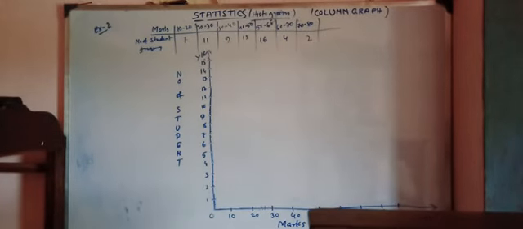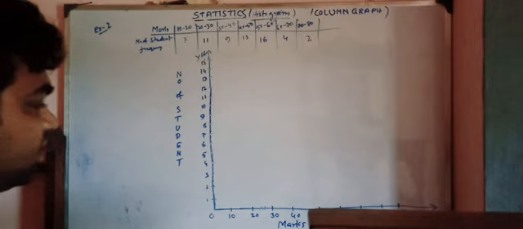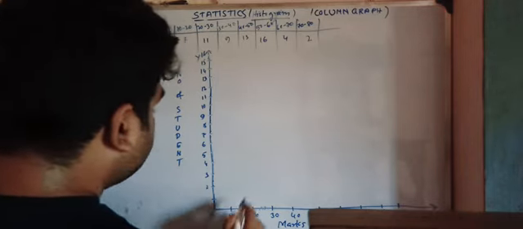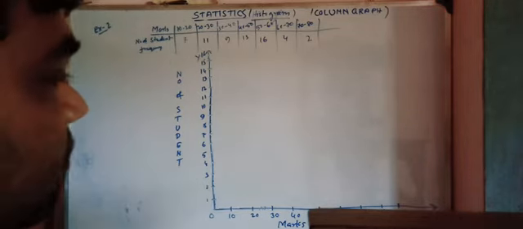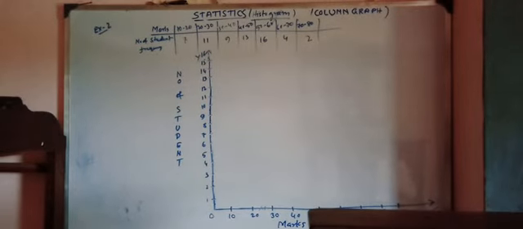Up to 90 if we take, that should be enough. Now I am just drawing this to give the concept or idea of how to draw. This should never be done on a blackboard or a marker board like that. It is only done on graph paper, otherwise it is not accurate. Understood that?